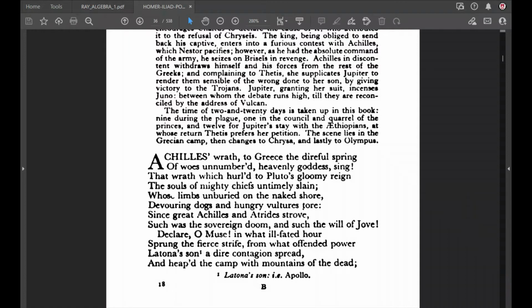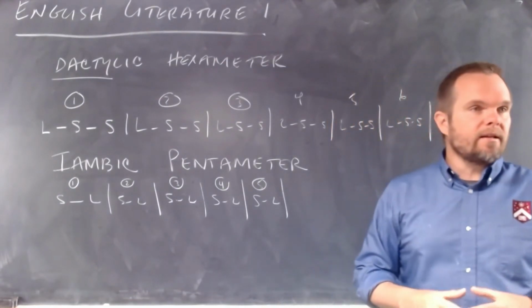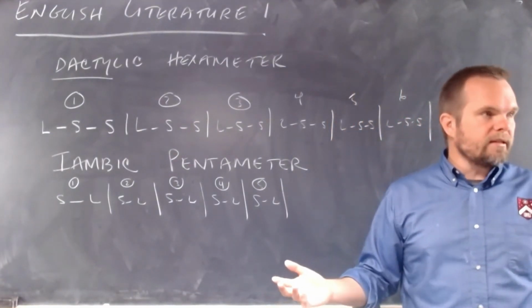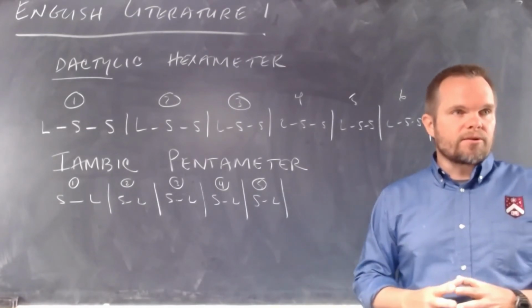But that's Pope's translation. And so a couple things you need to learn here. As we get into this literature, learn these different meters. Okay? You should know what dactylic hexameter is, and that Homer's whole poem was written in a certain meter. The whole poem, 24 books.